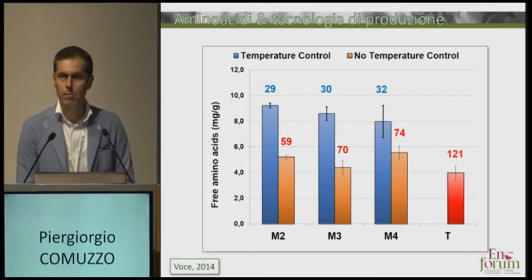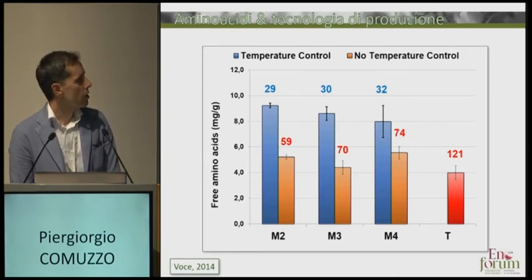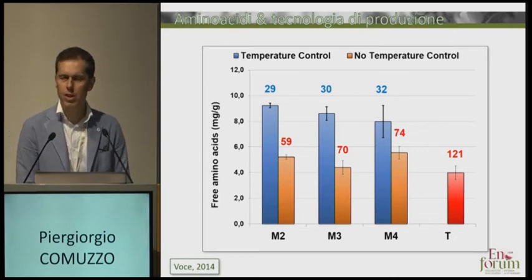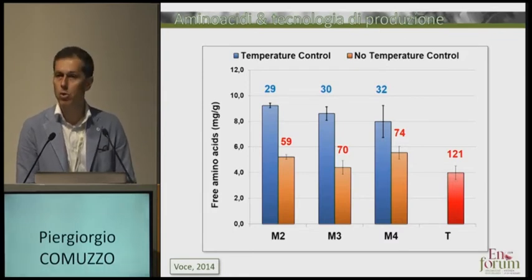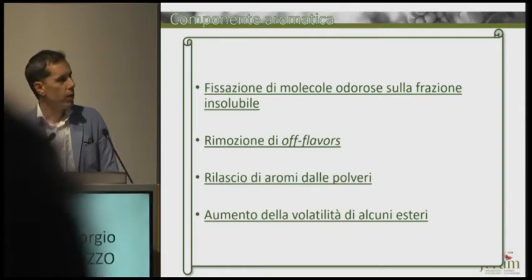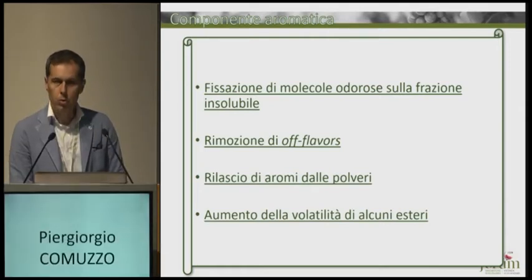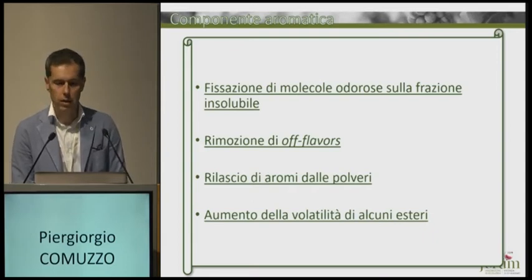The numbers that you can see in blue and in red are the maximum process temperature. Obtaining products with lower process temperatures enables us to have more amino acids and therefore a wider application in the food sector.